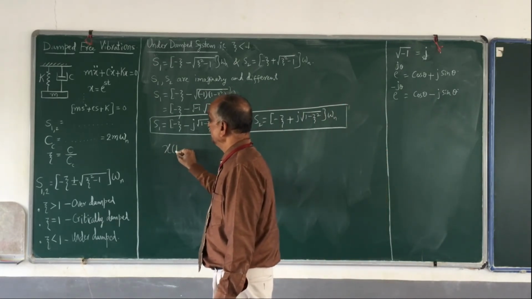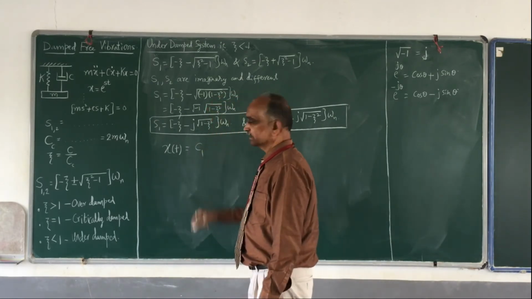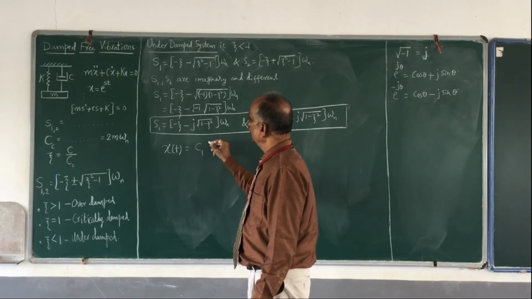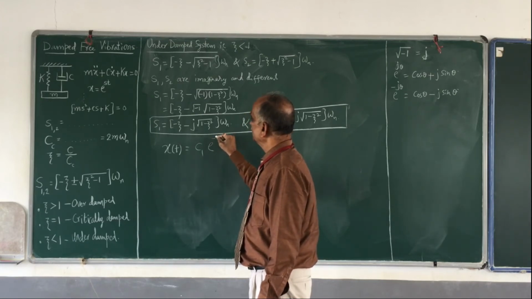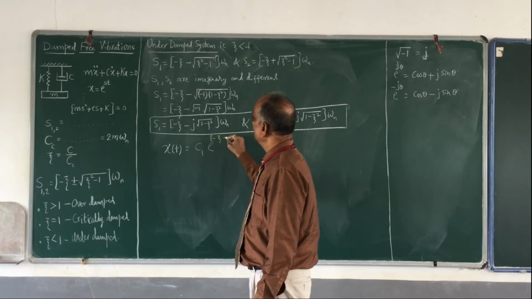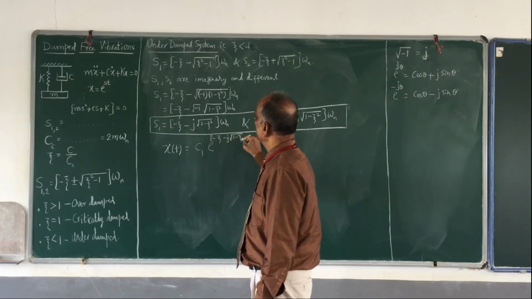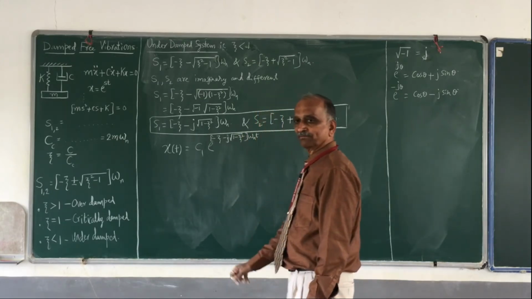X of t is equal to C1 into e raised to S1t. That is S1, that is nothing but minus theta minus j into root of 1 minus theta square into omega n into t.